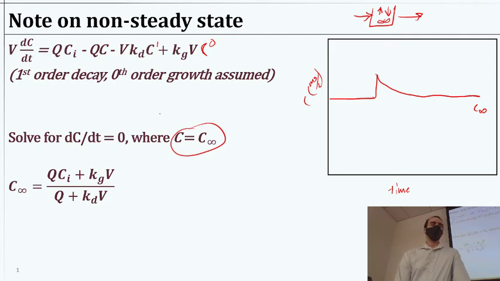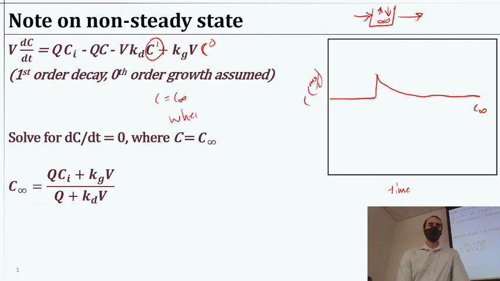So what they did was they just took this governing equation, our accumulation rate in that system, inputs, outputs, minus a decay reaction plus a growth reaction. They said C in the reactor here is C at infinity once we reached steady state.